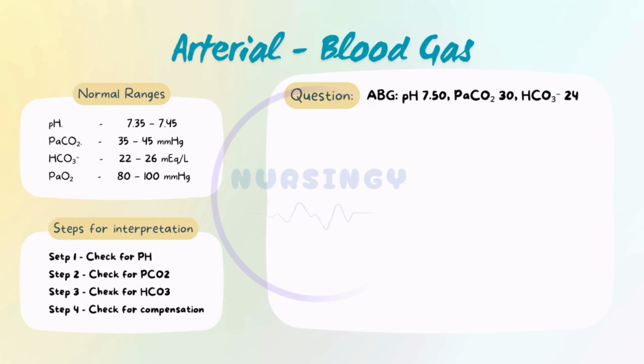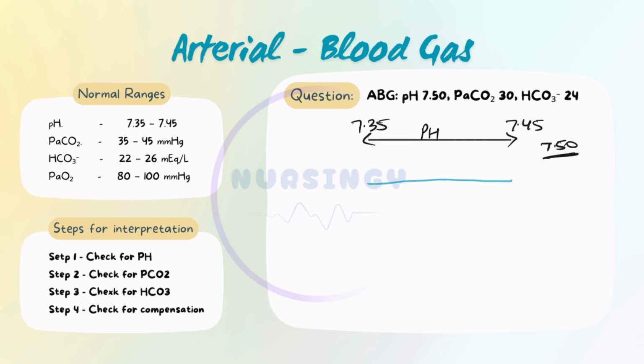Then we have an example of a patient whose pH is 7.50. We are going to do the same way, normal values. So this is our pH, 7.35 to 7.45, and the patient is coming with 7.50. So that is going more toward the alkaline side.